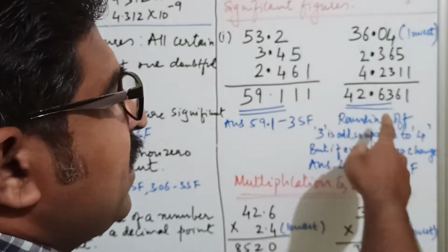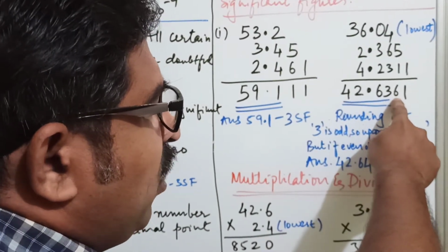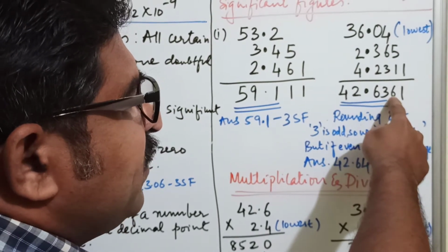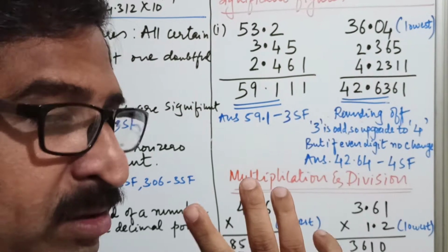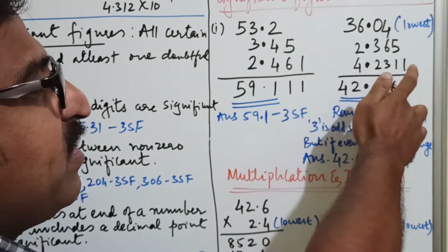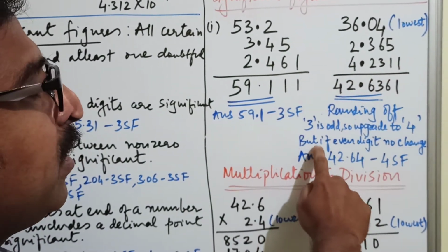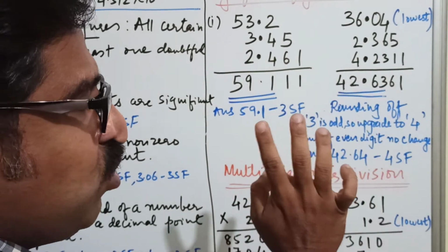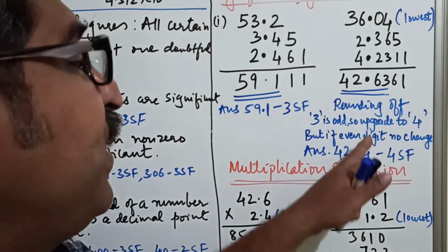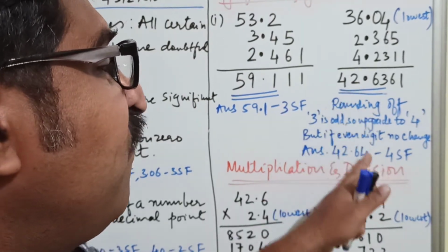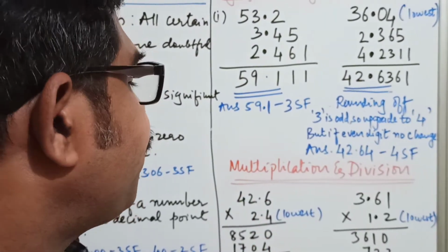So when we remove this 6, the 3 is upgraded to 4, because it is an odd number. If an even digit is there, there is no change. Had it been 4, there would have been no change. So the answer is 42.64, and hence you now have 4 significant figures in this.